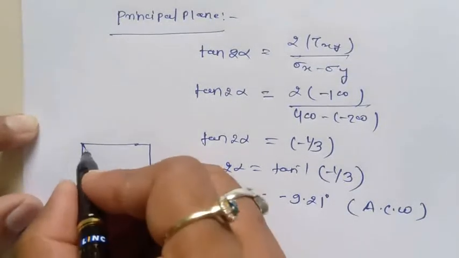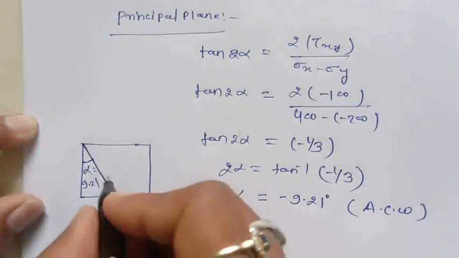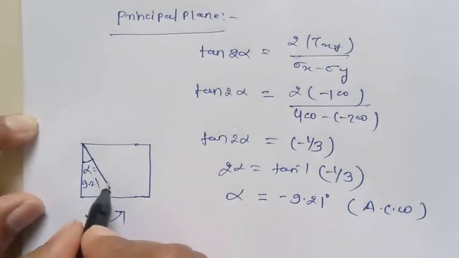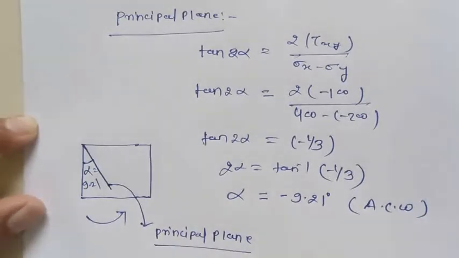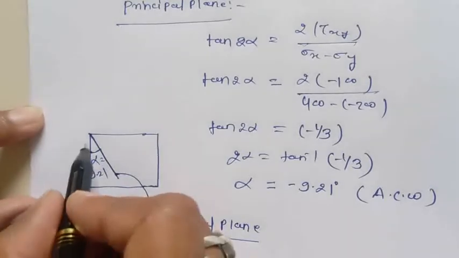So this is the plane called the principal plane. I'm writing here, this is called the principal plane. So principal plane is a plane which is at a certain angle alpha with this vertical.